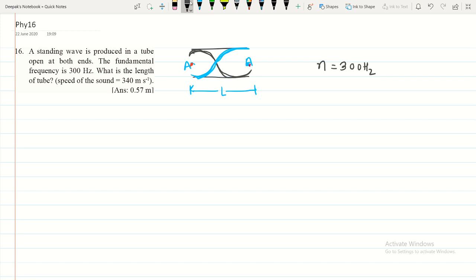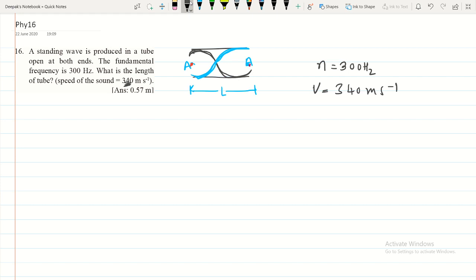Now what is the length of the tube? Here the speed of sound is given, that is v equals 340 meter per second, meter per second minus 1, meter divided by second, also you can write it.